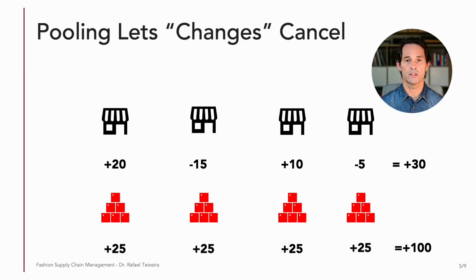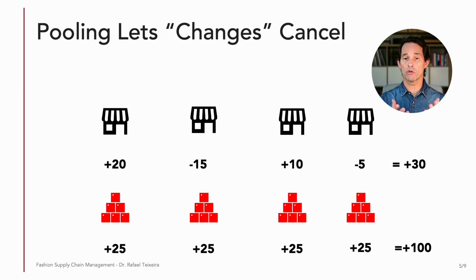Now let's start understanding the impact of pooling on the variability of demand. Imagine we have a central inventory or warehouse where we can pool the inventory. What happens is that the high demand in one store is partially offset by the low demand in another. You see here that we have in total 100 units in safety stock, 25 for each store.